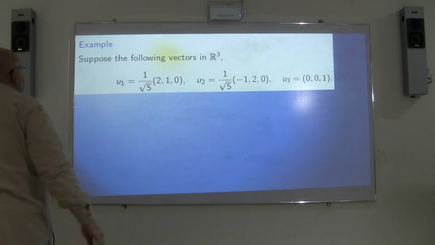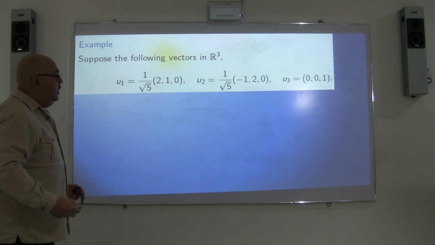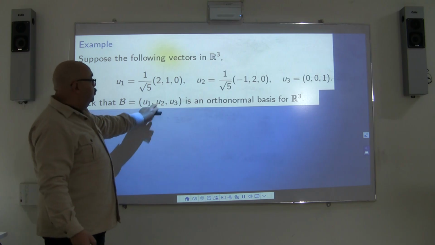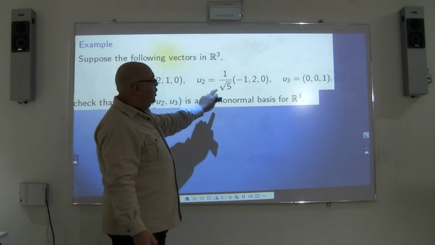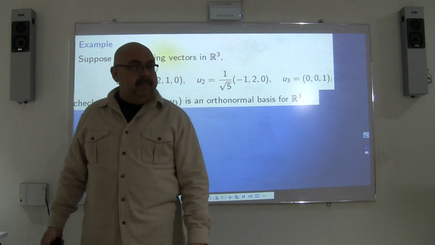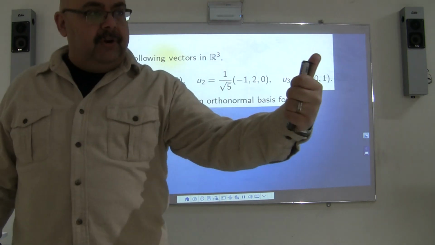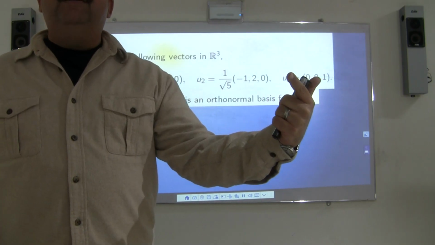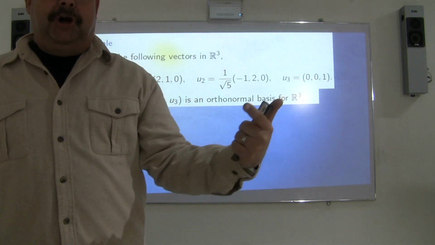Okay, very good. So suppose the following vectors in R3. Check that U1, U2, U3 is an orthonormal basis for R3. First of all, they are orthogonal. Number 2, they are unit vectors. And they are independent of each other.